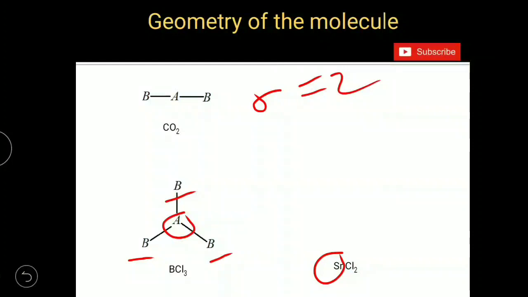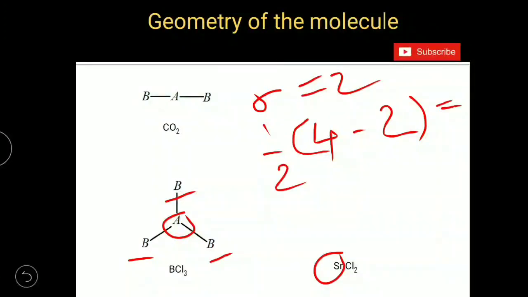Valence electrons in tin is equal to 4 but out of 4, only 2 electrons are involved in bond formation with 2 chlorine atoms, because each chlorine can form a single bond. So for each chlorine we need 1 electron from tin. You have 2 chlorines. So out of 4, 2 electrons from tin are involved in bond formation. So you got 2 more electrons left, which is equal to 1 lone pair.